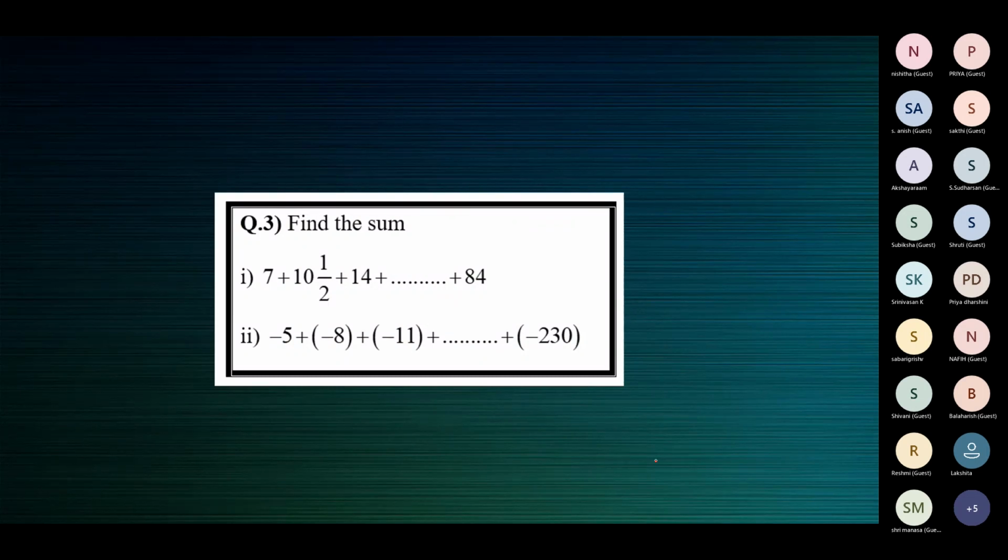That means it's some nth term. Is it the 10th term? Is it the 20th term? I don't know. It's some nth term. So an is equal to 84. We have to find which term, so you can't say the 10th or the 20th term. And what is an? a plus n minus 1 into d. So a plus n minus 1 into d is equal to 84. When you work this out, you will get the value of n.